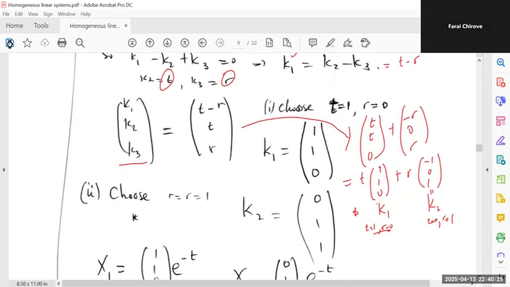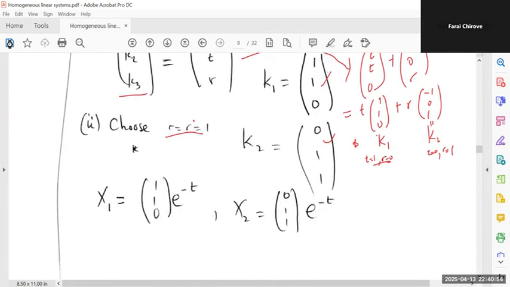But you can make other choices until you get T is equal to R is equal to 1. You can make other choices. So you can see if I did this, T is equal to R is equal to 1, I get K2, which is like this. If I say T is equal to 1, R is equal to 0, I get this one. So depending on the choices of T and R, you can get two different combinations there.